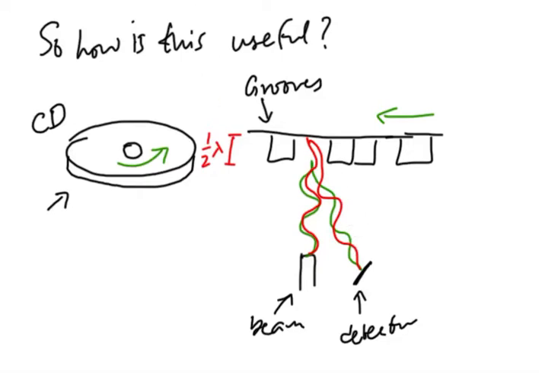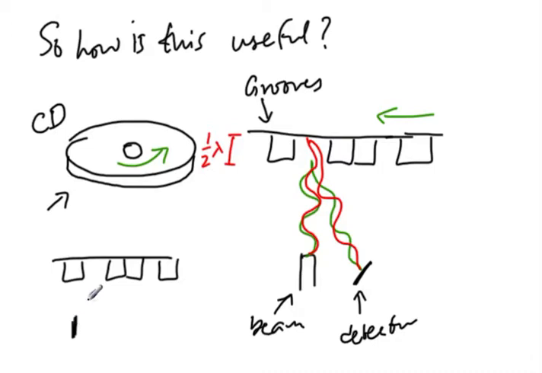And so when there's a difference between one groove or another, the detector records that as a 1. Again, this is a CD player, and it's moving to the left. This is the groove, and I'm just going to replicate that.